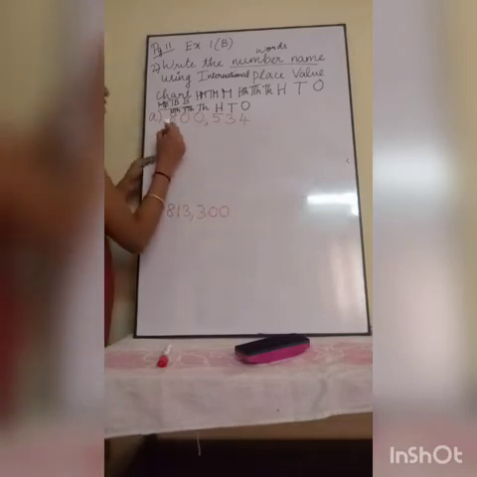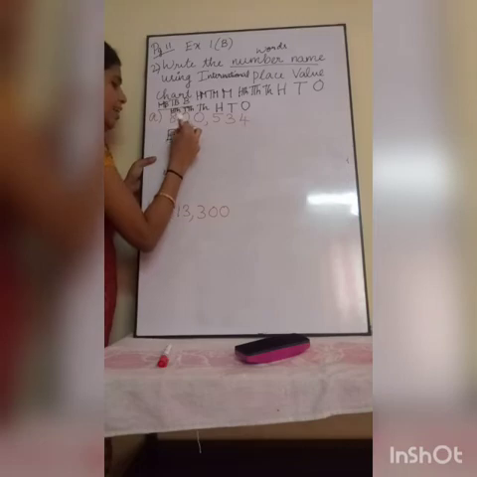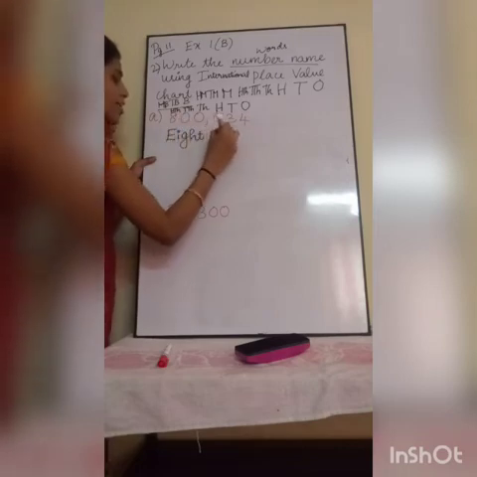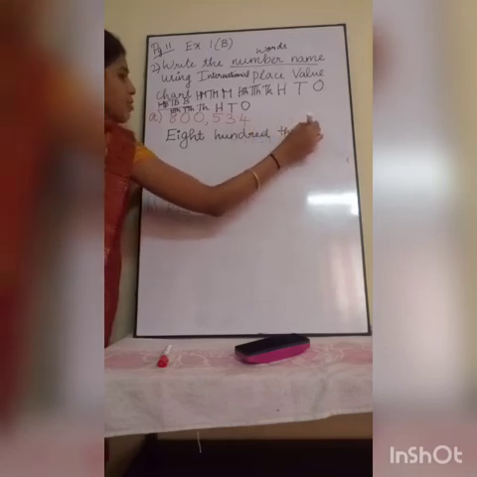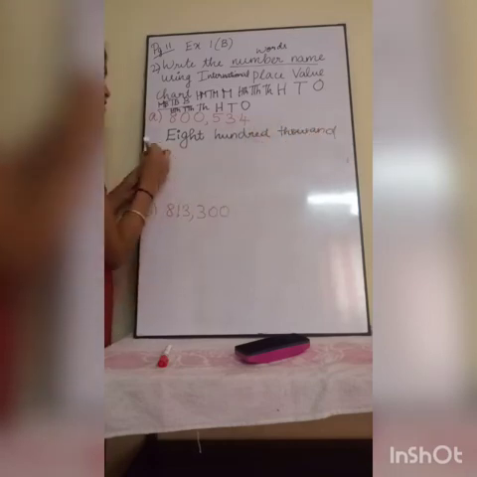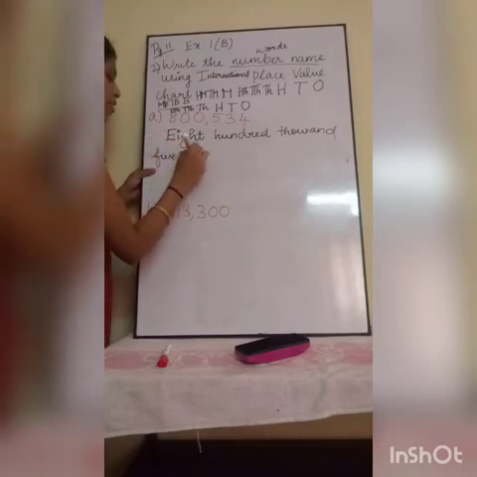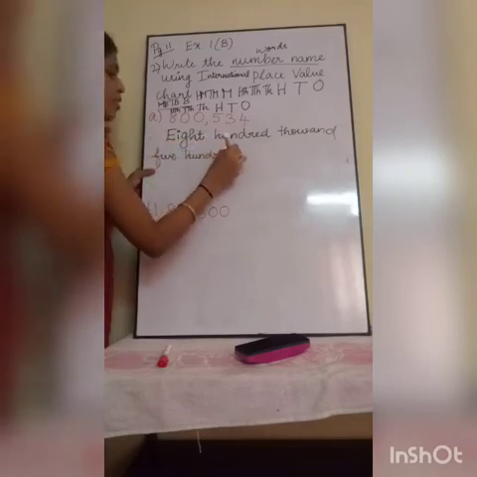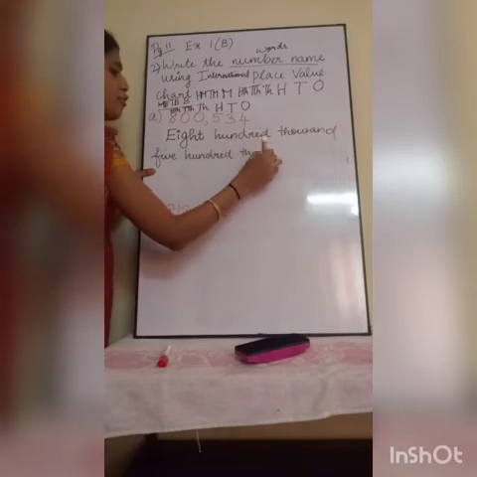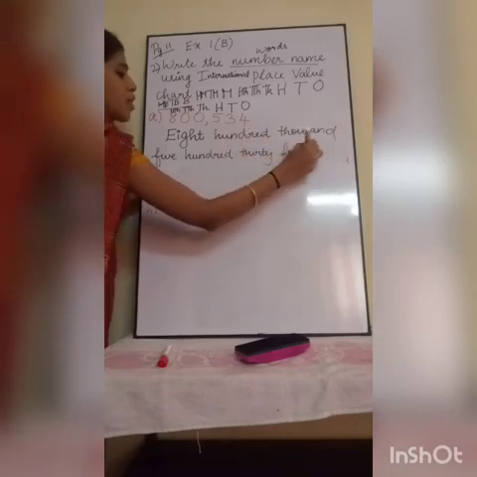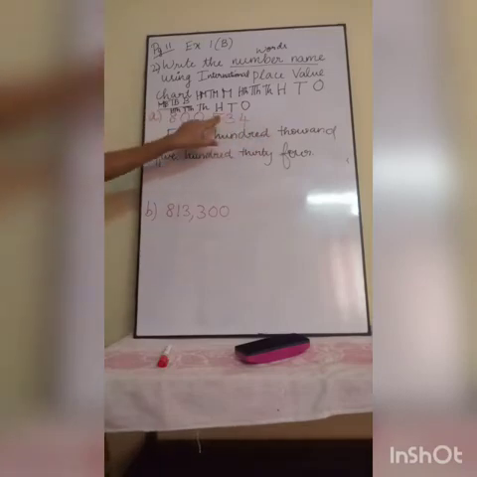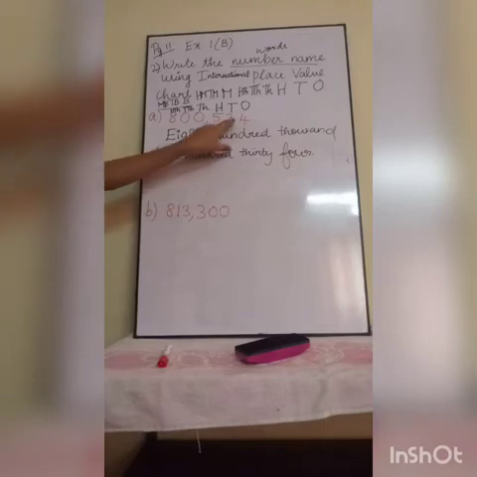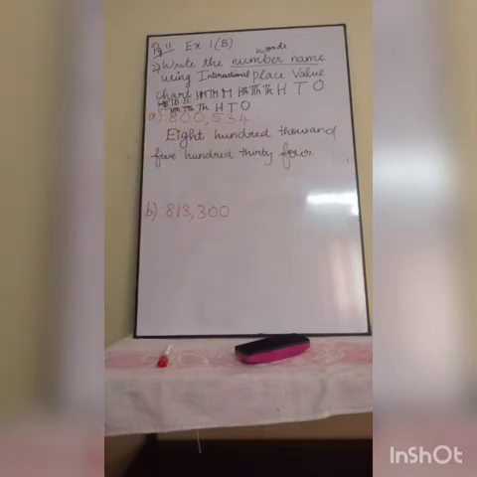So how am I going to write this? 800,000, 534. Listen, here 800,000, 534. Understood how I wrote that number name for the international system?